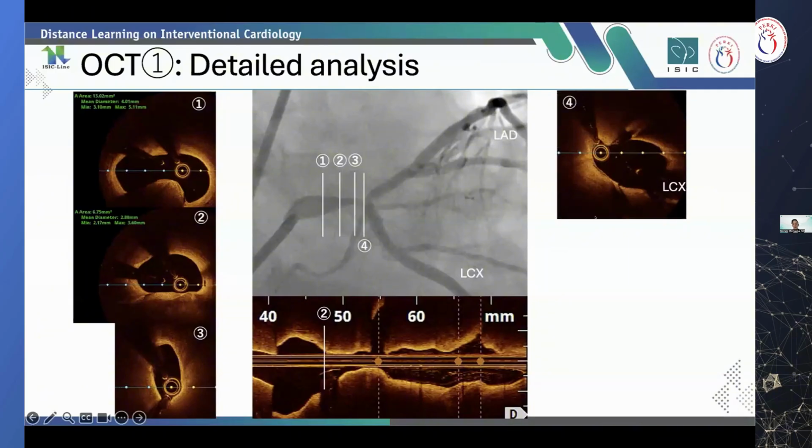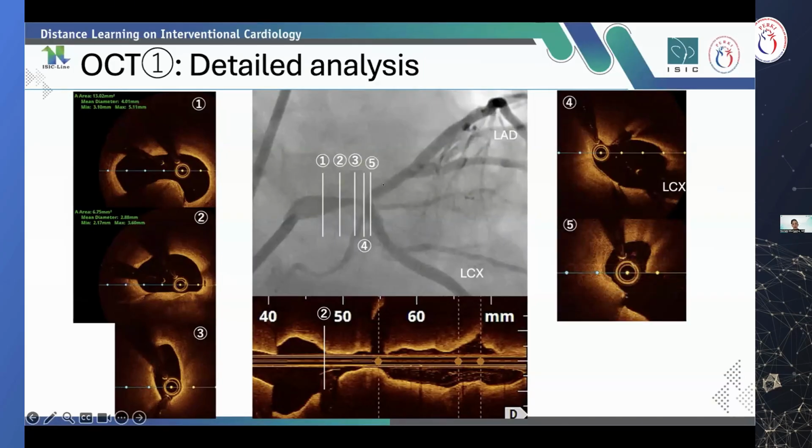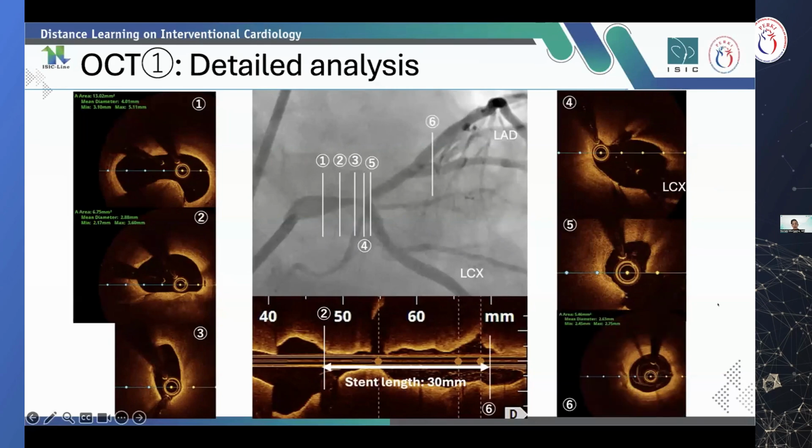And this is the ostium of the left circumflex, widely open. And this is the ostium of the LAD, and it should be the distal landing zone, because the landing zone should have stable plaque, as there is a small risk of coronary dissection.